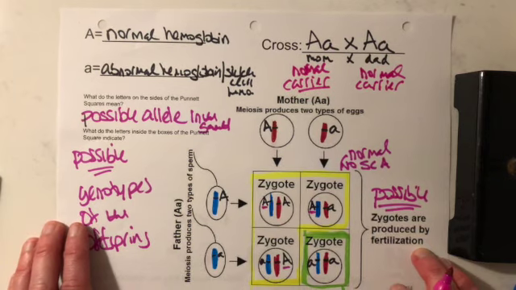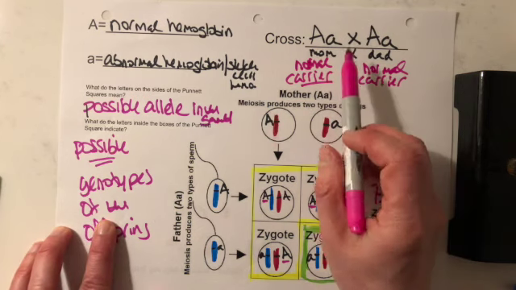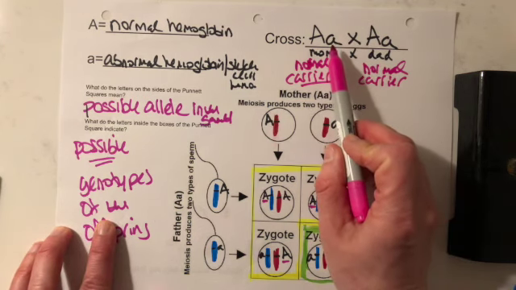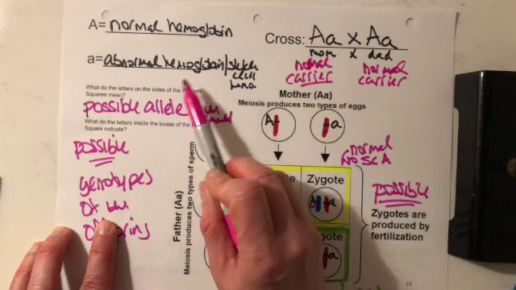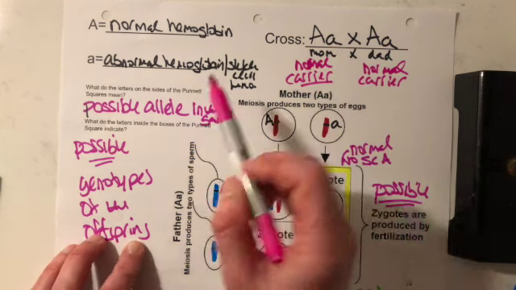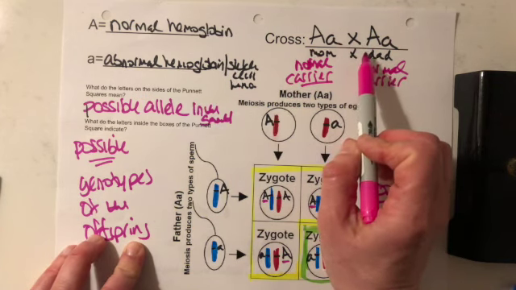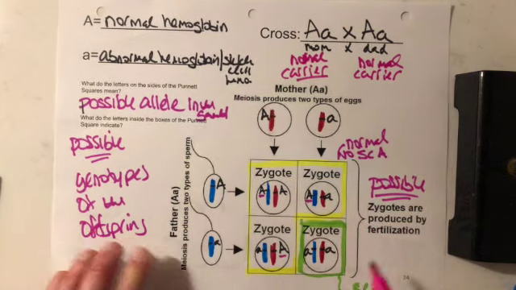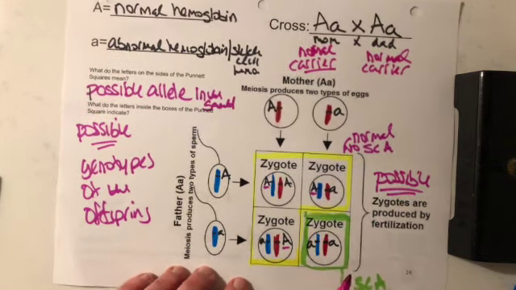So if you've heard that a person is a carrier of a certain genetic disease, it means that the disease is recessive, right? Little a is the recessive condition, and that's abnormal hemoglobin, sickle cell disease. So can two people that don't have sickle cell disease have a child with sickle cell disease? You bet they can, right?